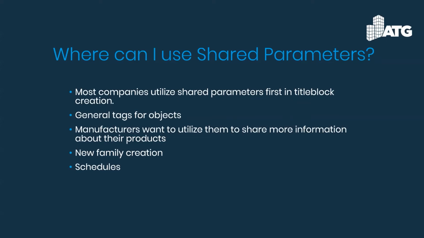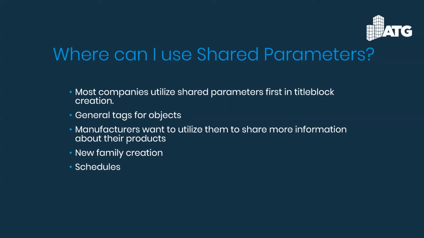They want to add information that's pertinent to the sheet and the project, and they want it to populate automatically. So that's a lot of times where shared parameters come into play, so that they can customize it and it populates that information automatically.